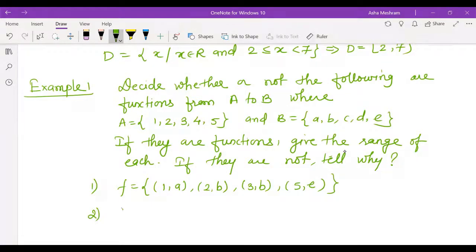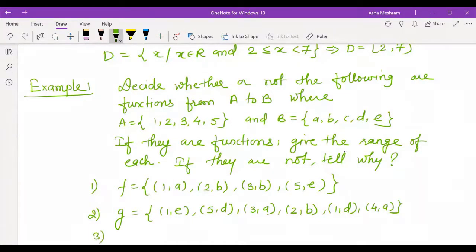Number 2, the second function G, contains 1E, 5D, 3A, 2B, 1D and 4A.